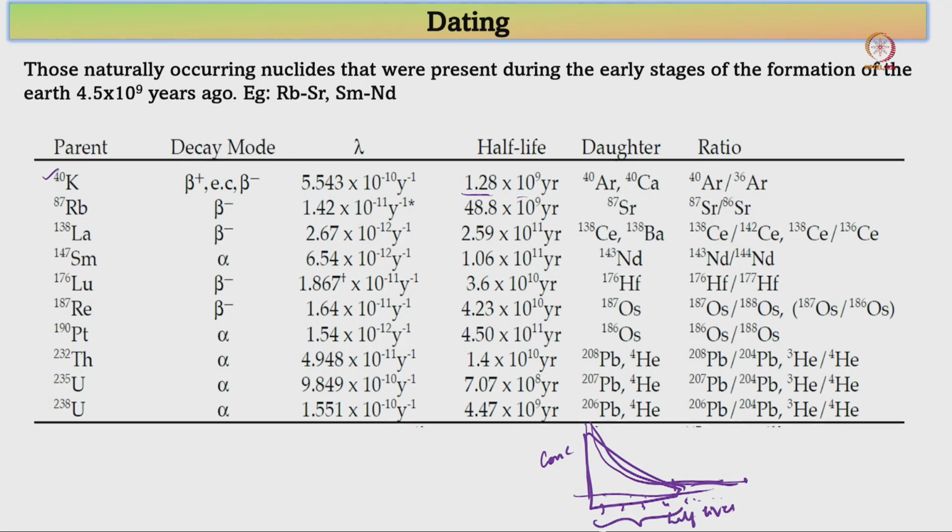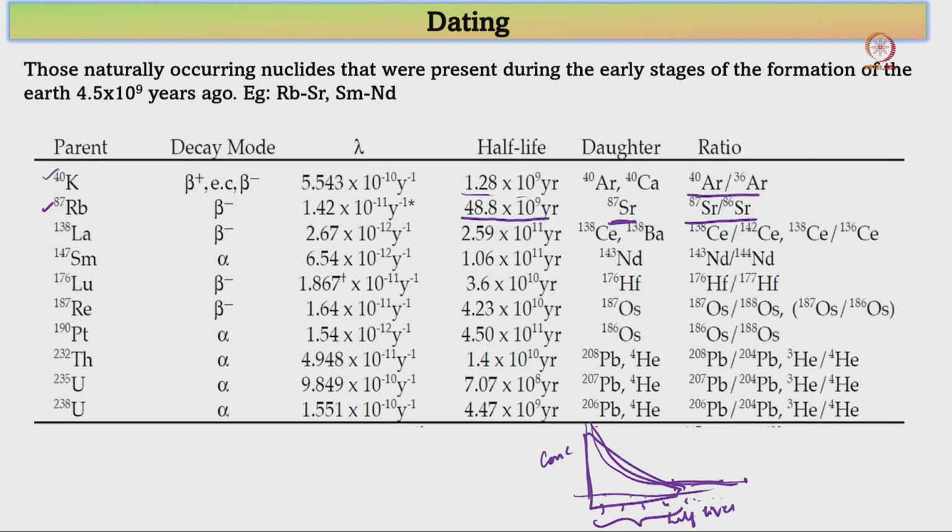It breaks down into 40 argon and 40 calcium, and we measure this daughter ratio. If I measure 87 rubidium, which breaks down to 87 strontium, we measure the 87 strontium to 86 strontium ratio, and it has a half life of 48.8 billion years.